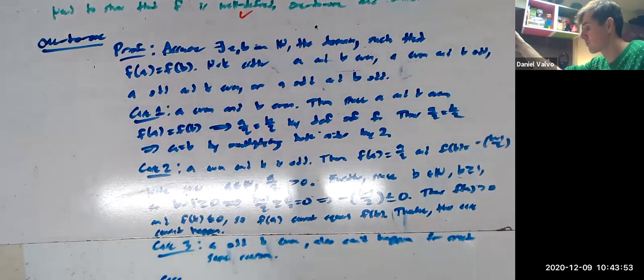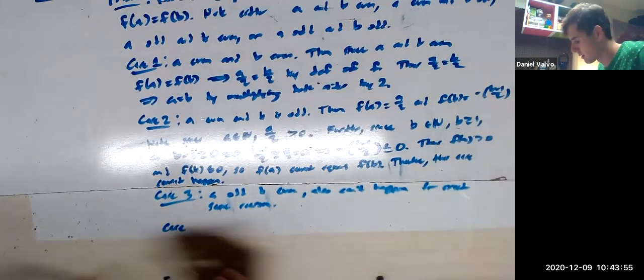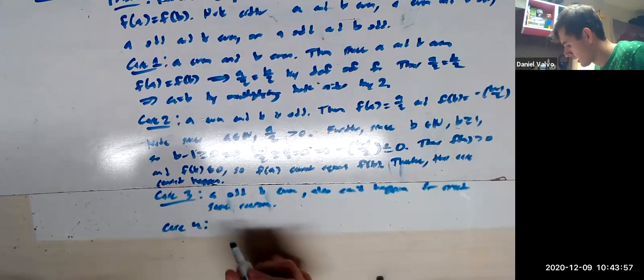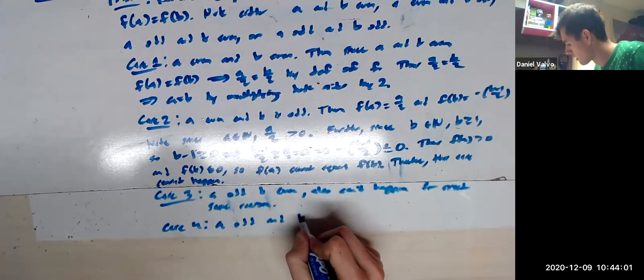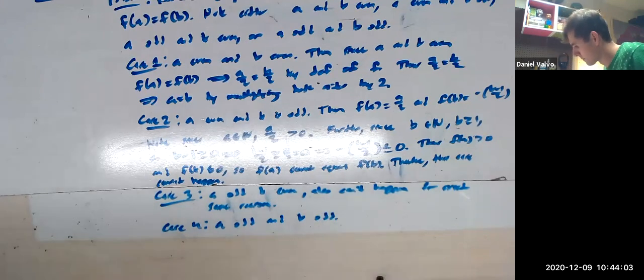Now let's look at case 4. Case 4 is A odd and B odd.